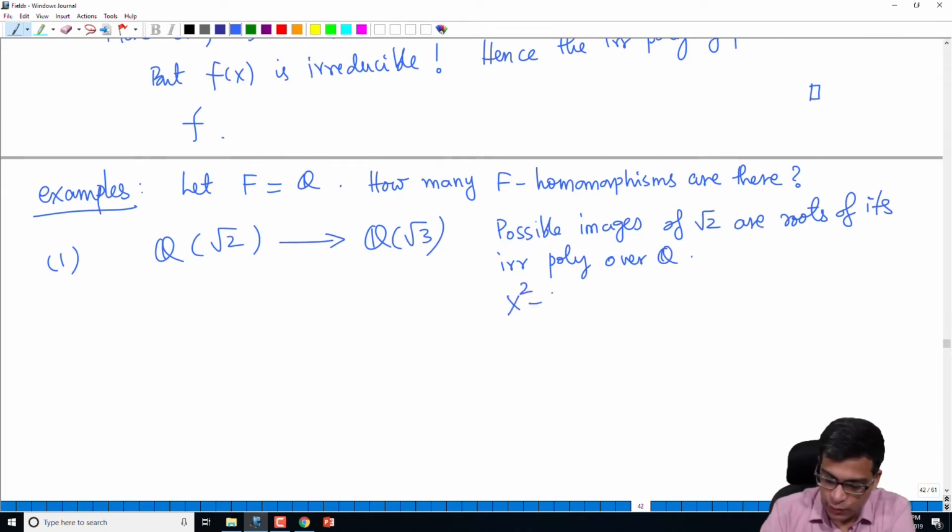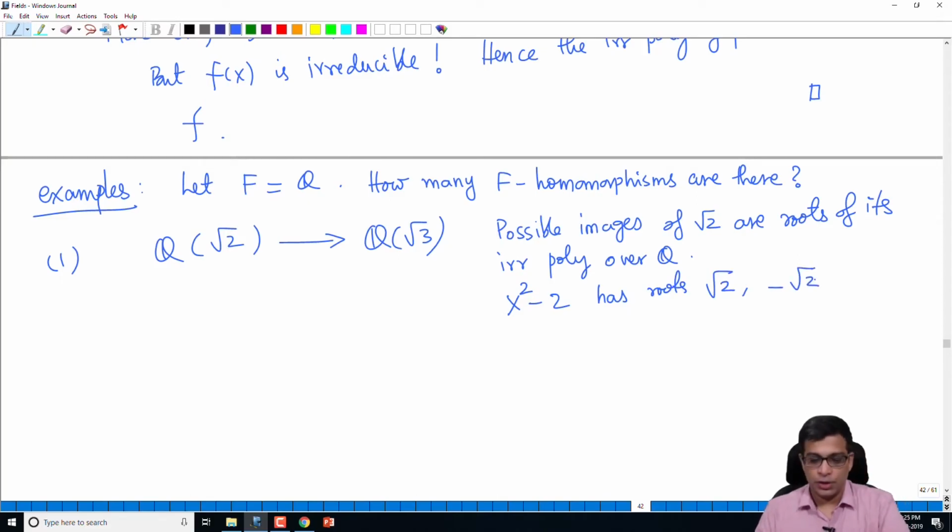It is x^2 - 2. This we know because root 2 is a root of this, and clearly this is irreducible because it has no roots in Q. So what are the roots of this? It has two roots, right? Minus root 2 and root 2. So the only possible images of root 2 are root 2 and minus root 2.